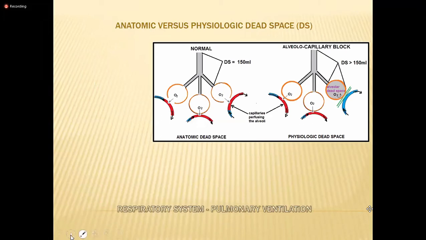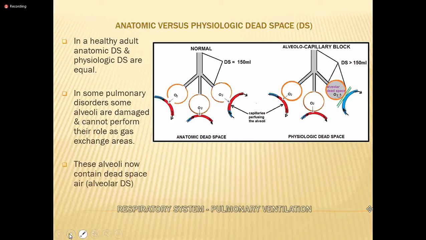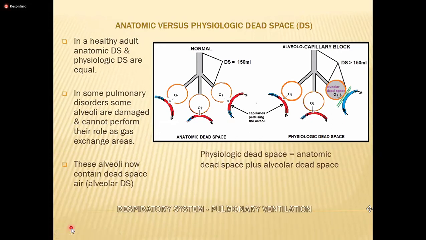Anatomic versus physiologic dead space ventilation. In a healthy adult, anatomic dead space and physiologic dead space are equal. In some pulmonary disorders, some alveoli are damaged and cannot perform their role as gas exchange areas. So what happens? These alveoli now contain dead space air. So now that is your physiologic dead space.